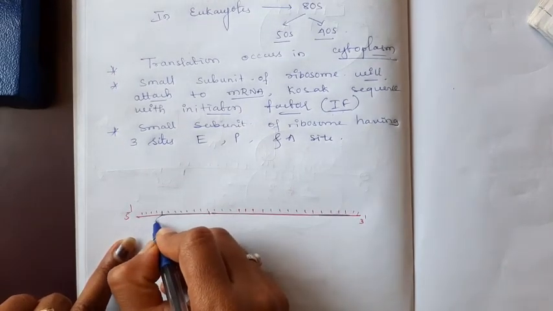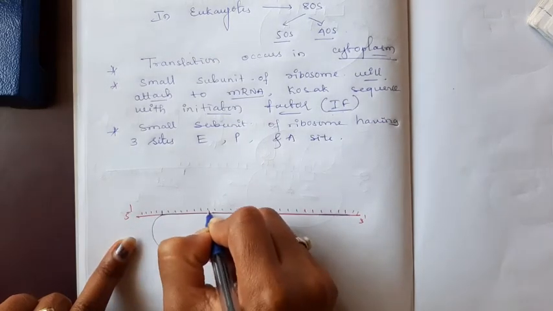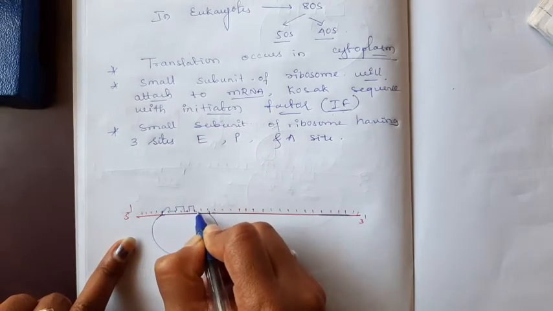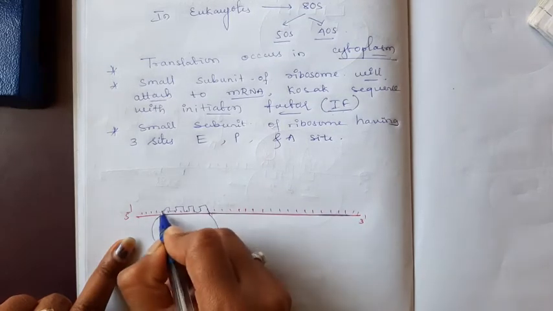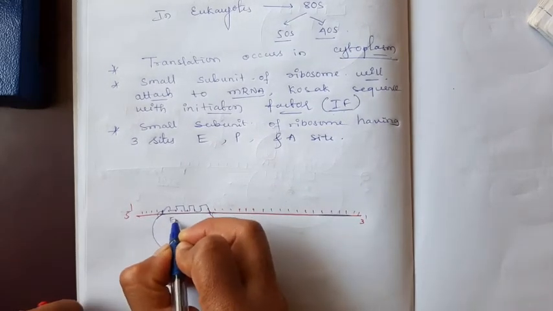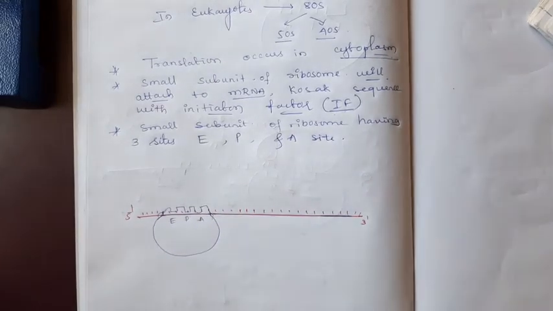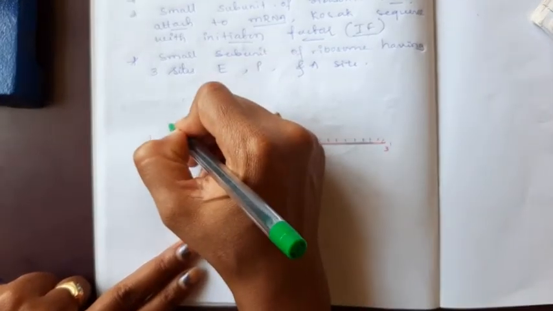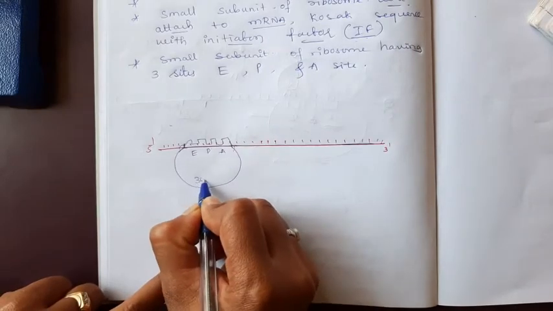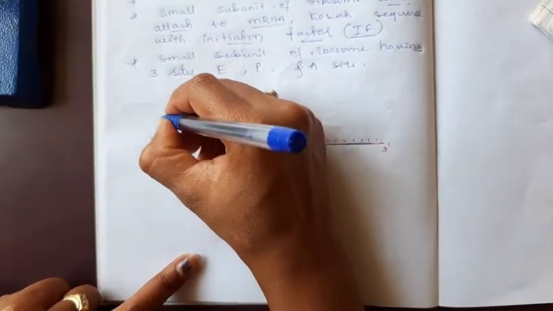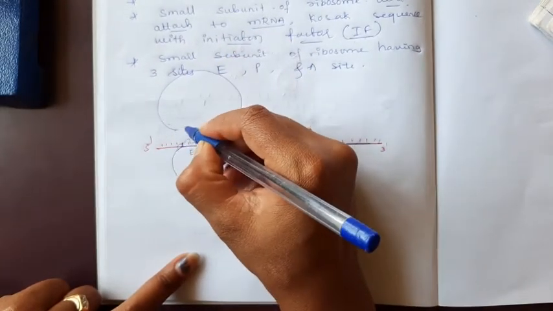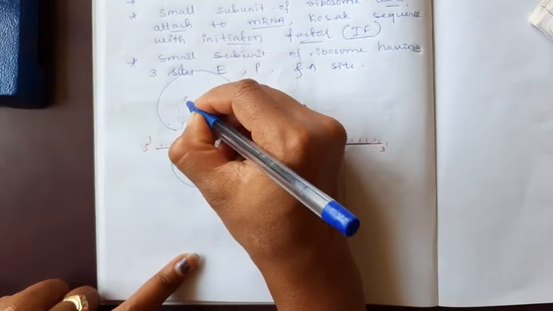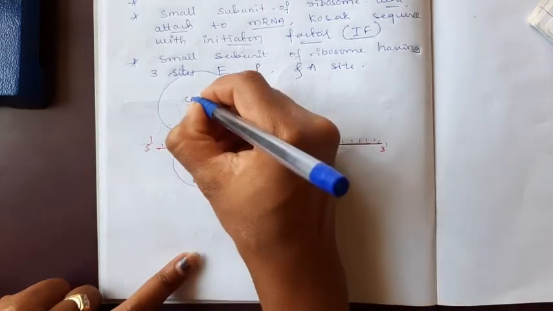Okay, I will take the small subunit of the ribosome. In that, we have to consider the binding sites E, P, A. Then next, here we have to show the large subunit. This is 40S, this one is 60S.